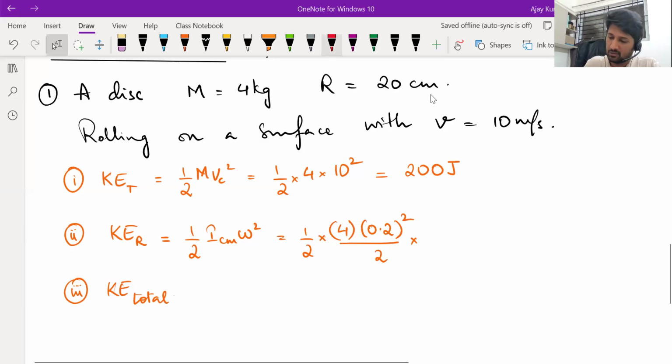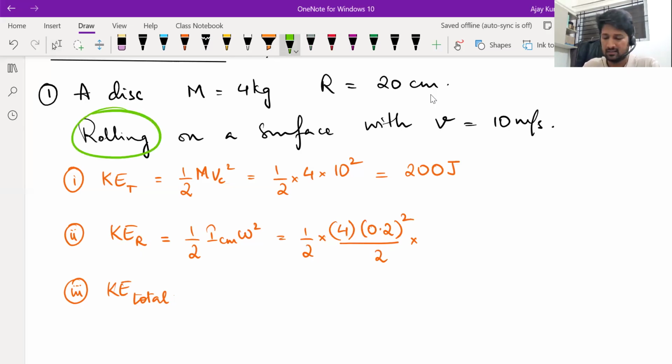You are told that the disk is rolling. So in cases of rolling, they will only give you one of the two terms. They'll either give you V or omega. They won't give you both. And you know that in case of pure rolling, V is equal to R omega. If it is just given rolling, you have to assume it is pure rolling.